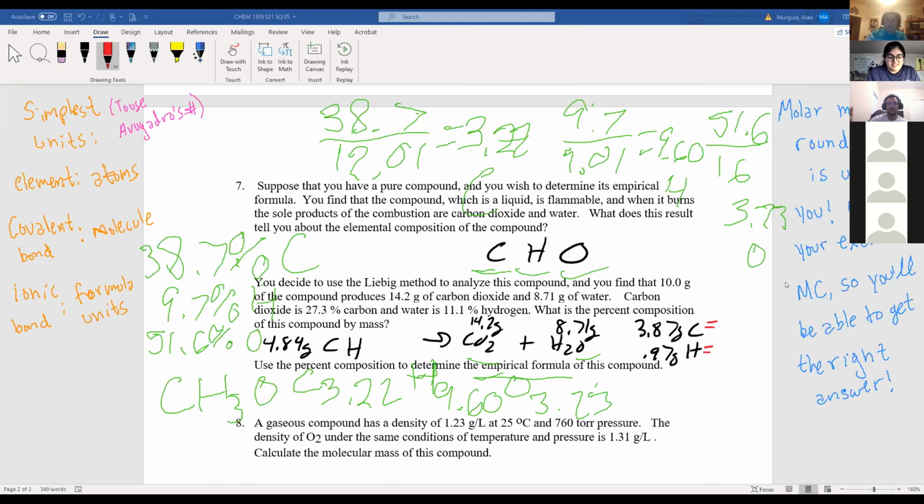Yes, I have a question real quick. All right. By any chance, as I was going through this, how did you get 3.87 grams of carbon and 0.97 grams of hydrogen? All right. So right here where it says that carbon dioxide has 27.3% of carbon, that percentage tells us the amount of grams there are in carbon dioxide.